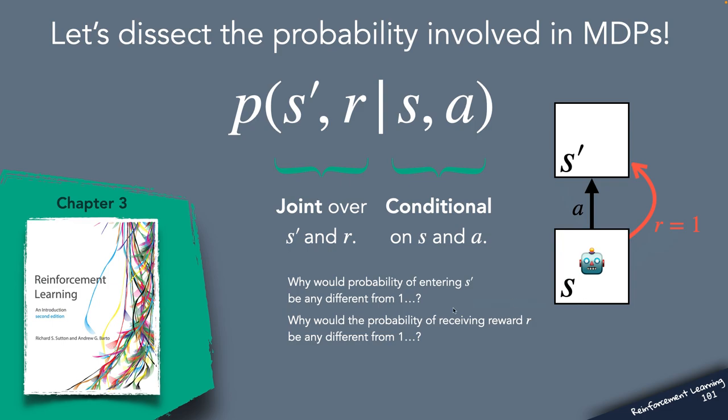But the answer is that they don't have to be certain. And by making them uncertain, we allow for all sorts of imperfections to enter our reinforcement learning tasks. And when the dynamics of the environment has some level of randomness to it, we say that the environments are stochastic instead of deterministic.